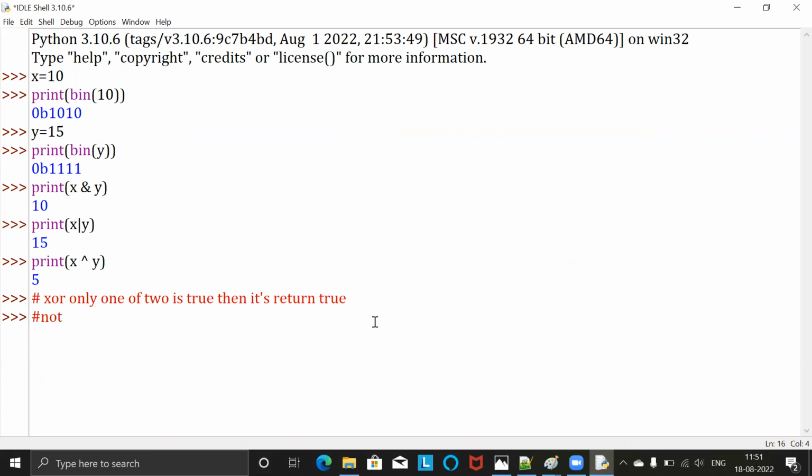And the next is the NOT value. This is the NOT symbol. Print not x, which gives minus 11. I'll tell how it is minus 11. NOT means the opposite: if plus then minus, if minus then plus. The formula is not x equal to minus x minus 1.